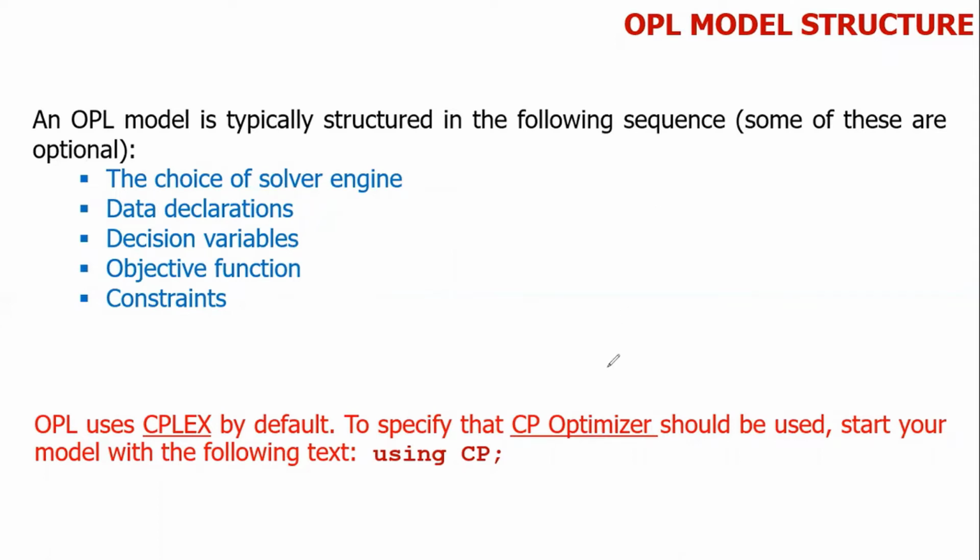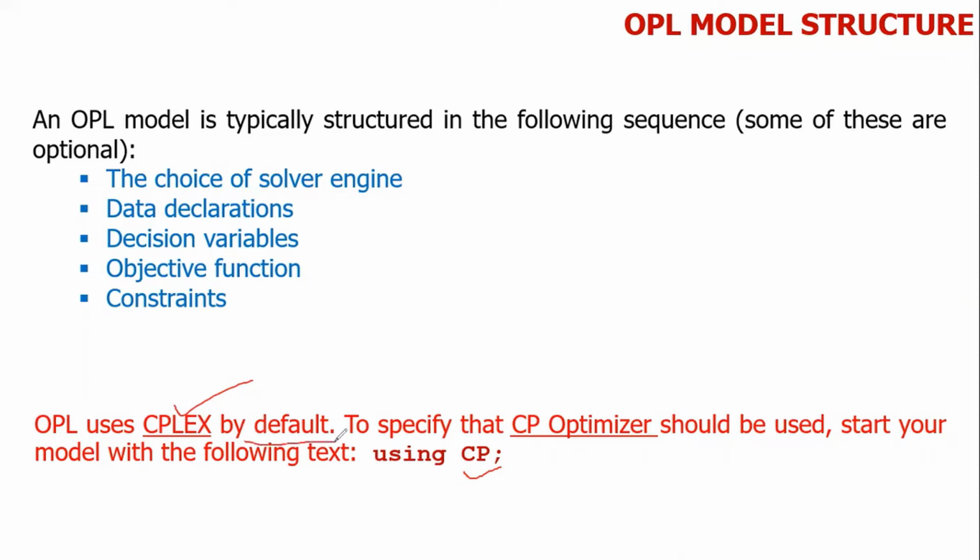We also discussed that in OPL Optimization Studio, we have two solver engines. One is called CPLEX and the other is called CP. CP stands for Constraint Programming Solver. OPL uses CPLEX by default.